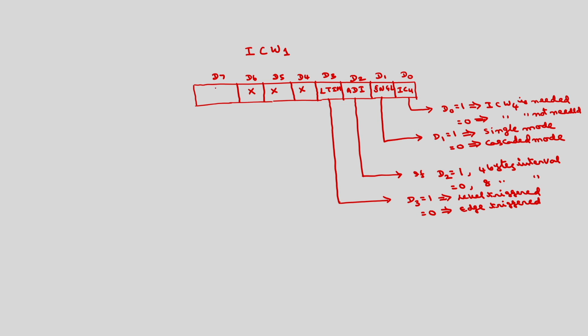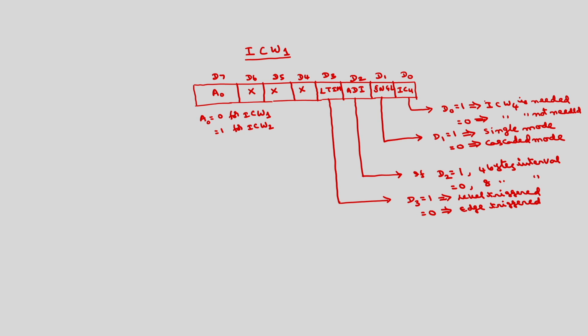And the D7 bit is A0 of this 8259. We can see that one of the pins of the 8259A is A0, and for ICW1 this A0 is equal to 0. This is equal to 1 for ICW2. So, this is about the format of the first initialization command word, ICW1.